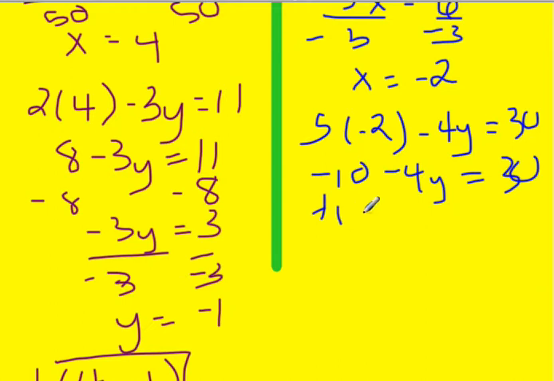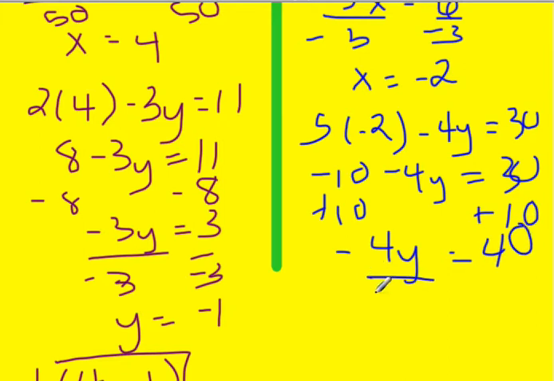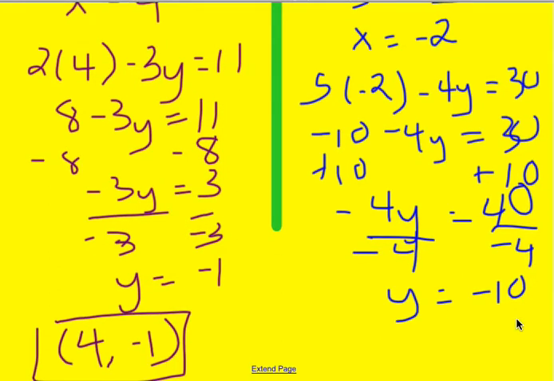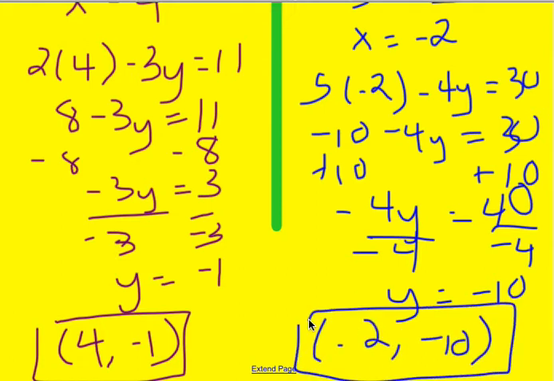So I'm going to add 10 to both sides, and I get that negative 4y is equal to 40. So to solve for y, that negative 4 is being multiplied by the y, so I'm going to go ahead and divide both sides by negative 4. And when I do that, I get that y is equal to a negative 10. So my x is negative 2 and my y is negative 10. So my solution is negative 2, negative 10.